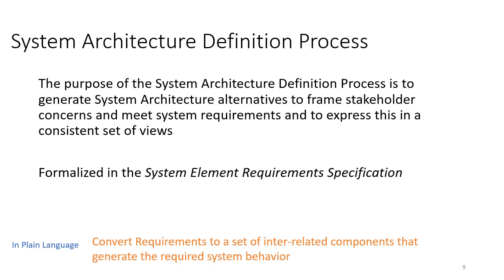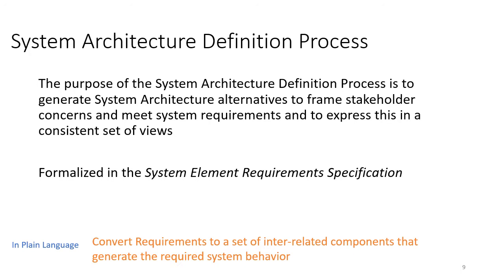So the system engineering, the system architecture definition process, as defined in the INCOSE SE Handbook, has the purpose to generate the system architecture alternatives, to frame stakeholder concerns and meet system requirements, and to express these in a consistent set of views.